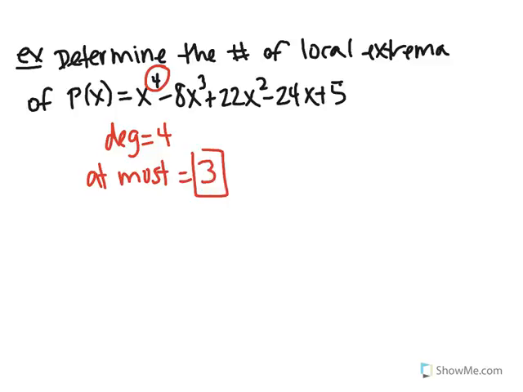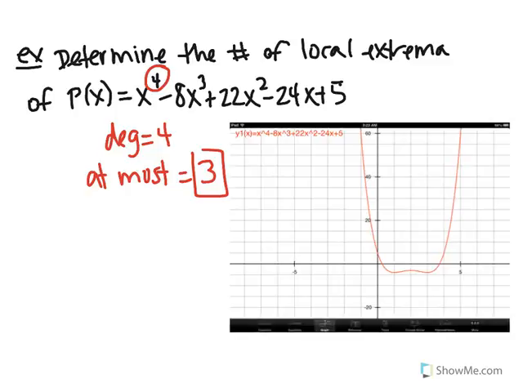Now to figure out exactly what they are, you'd need to create a graph. So in this graph, you'll notice that you have a local min here, a local max there, and another local min. So there's your 3. So then to get more specific, you would say 2 mins and 1 max.